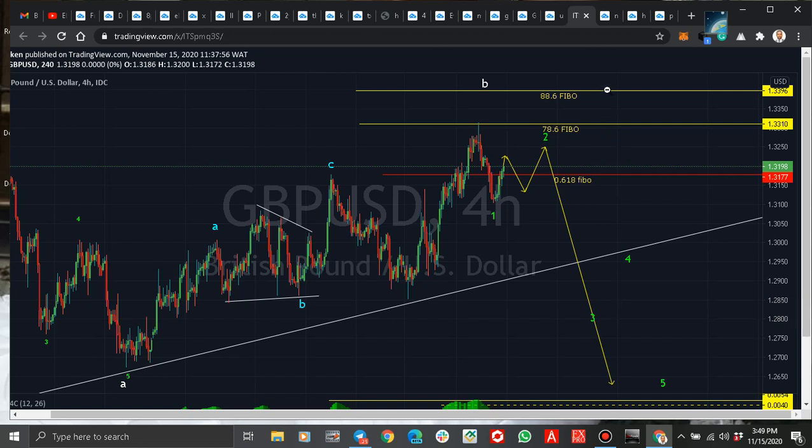For instance, on EURUSD, I can only see buying, but on GBPUSD, I can see selling. So I saw this as wave 1. Then wave 2 might have A, B, C, then selling.